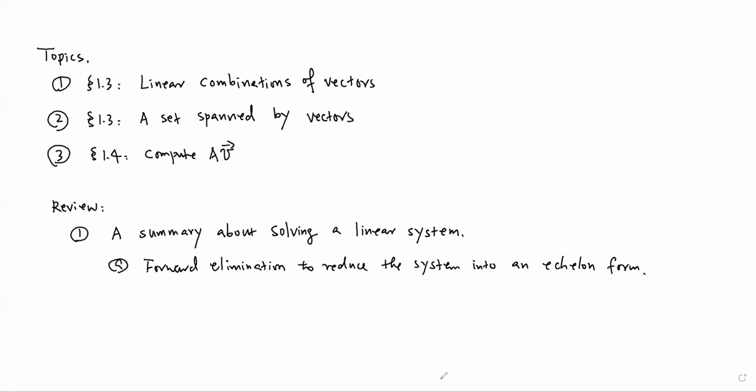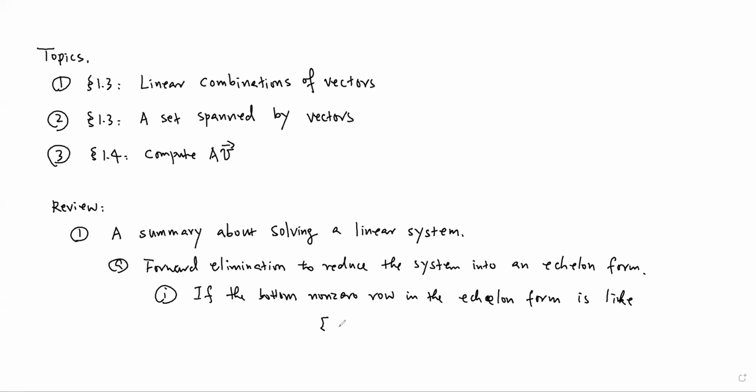Now, there are 2 cases. Case 1, if the bottom non-zero row in the epsilon form is like this, vector 0, 0, 0, and the right hand side is non-zero.